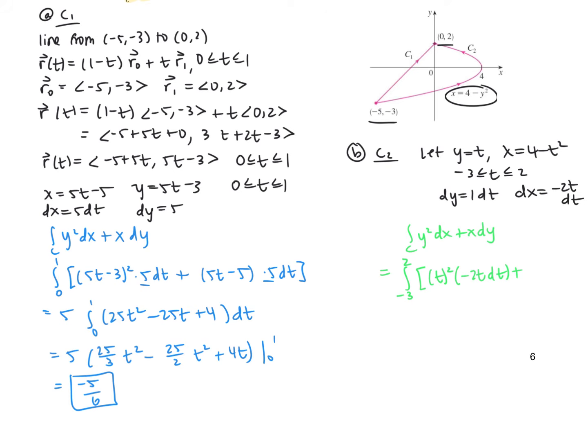And then add to that x, which is 4 minus t squared times y, dy rather. Okay, if I multiply everything out and I combine like terms, I'm integrating from -3 to 2, and I'm integrating -2t cubed, subtract t squared, add 4 dt.